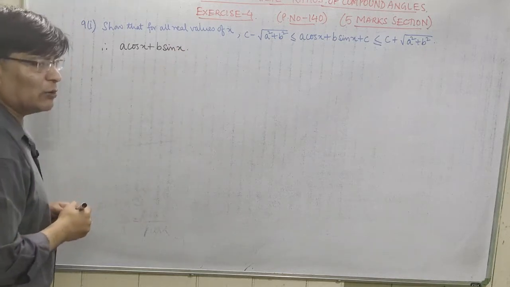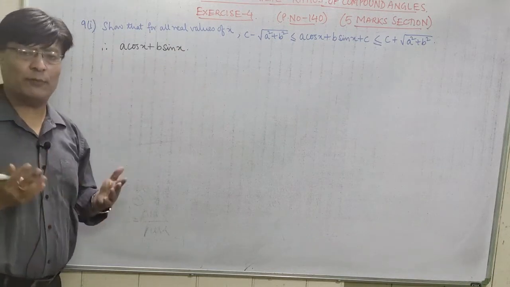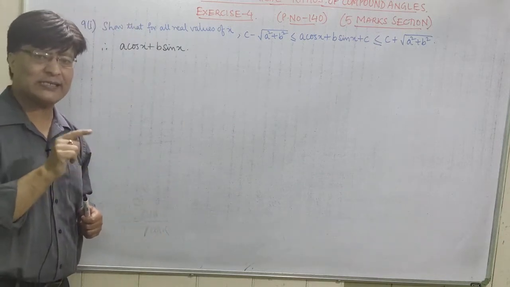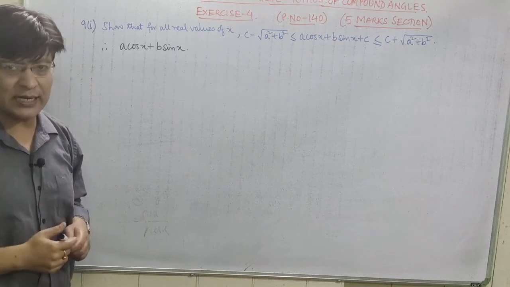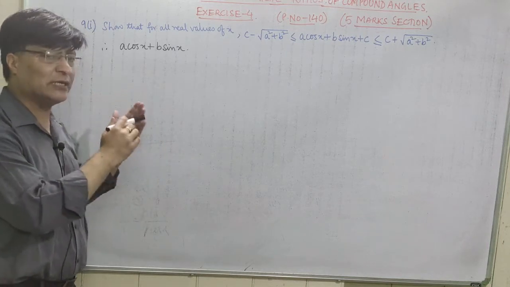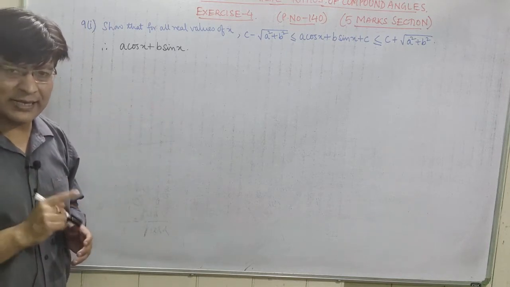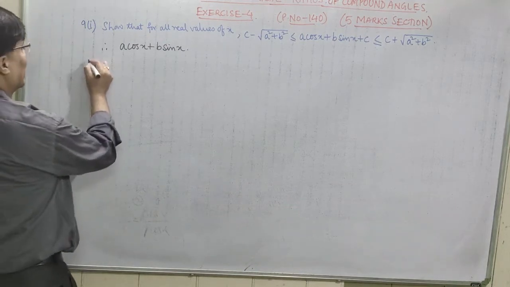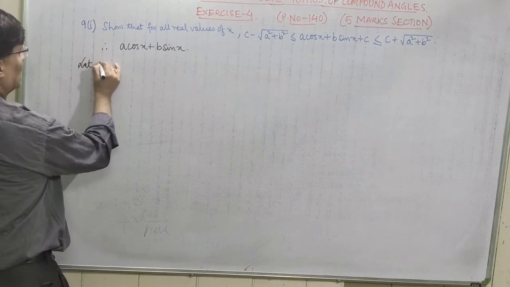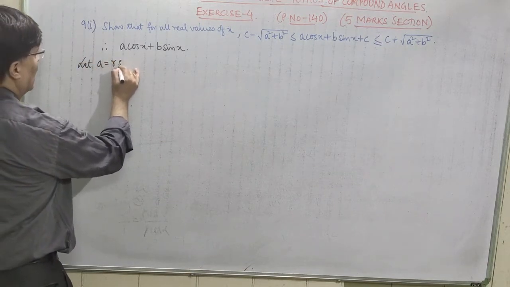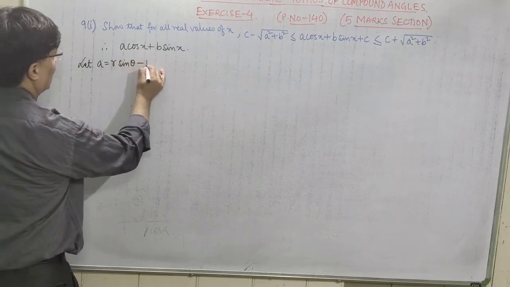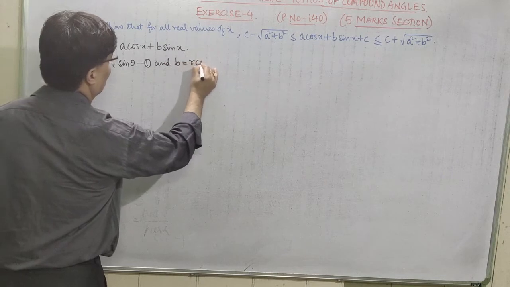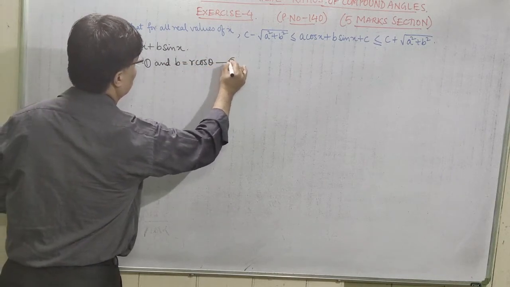Let us convert this expression in the form of r cos of x plus theta, or it may be r sin of x plus theta. That is, you have to express it in terms of a compound angle, sin a cos b plus cos a sin b, or cos a cos b plus sin a sin b. So we can assume, let a is equal to r sin theta, that is number 1, and b is equal to r cos theta, that is number 2.